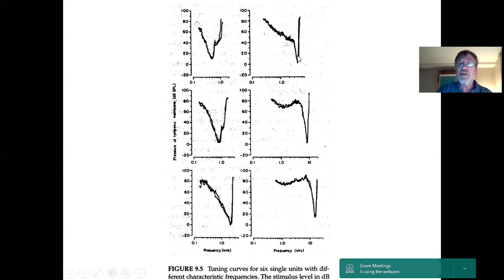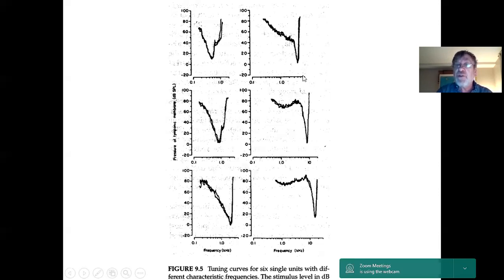And you'll notice that these tuning curves all have a point on the bottom. And that point is called the characteristic frequency. It's the softest, it's at this frequency, follow my cursor, at this frequency, the fewest decibels were required to get that neuron fiber to fire. If I tried to get that neuron fiber to fire with this frequency, I need to make it way more intense.